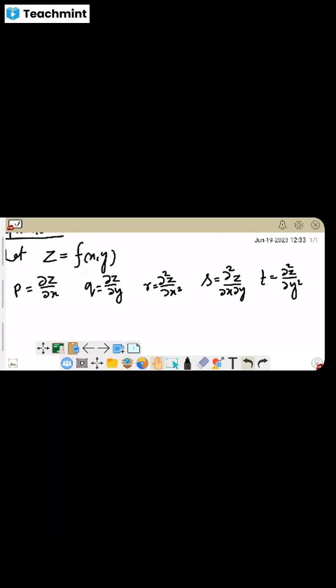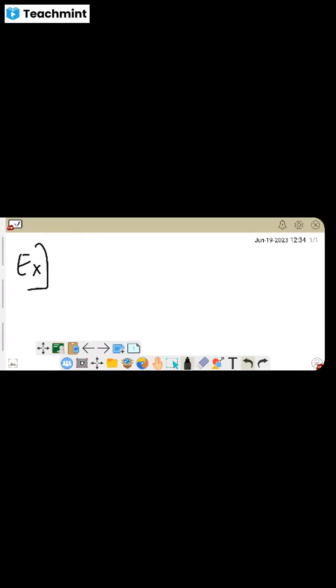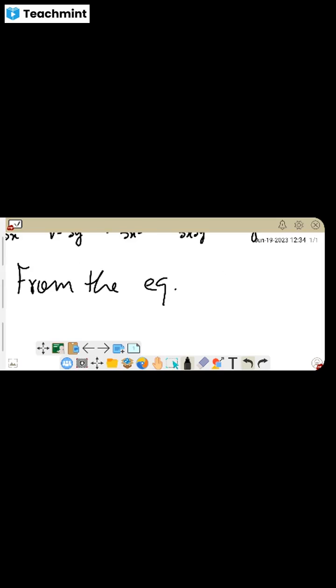And we have a question: form the equation x square plus y square plus z square is equal to 1, form a partial differential equation.